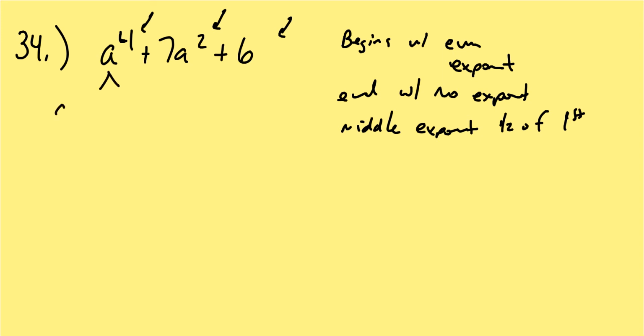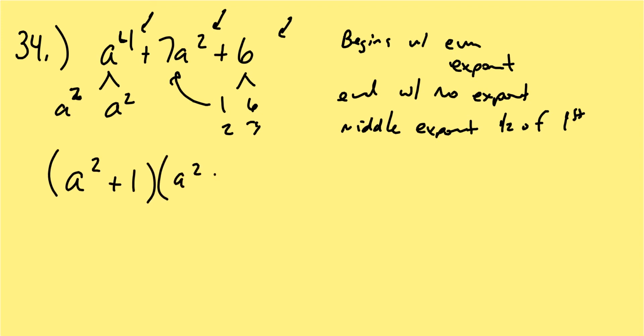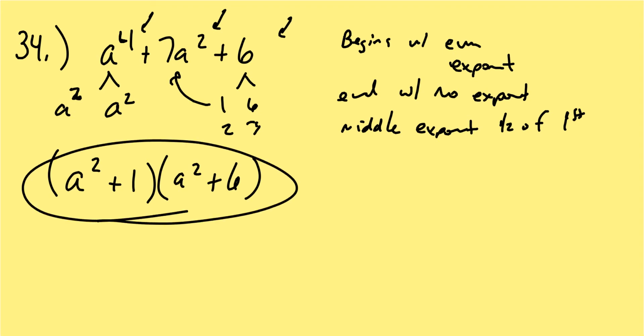So I say, how do I get a to the fourth? A squared and a squared. How do I get 6? 1 and 6, 2 and 3. Well, the only way to get 1 and 6 or 7 is 1 and 6. So I put a squared plus 1, a squared plus 6. And although there's squares there, none of them are perfect squares with a minus in the middle. So that's my final answer for 34.